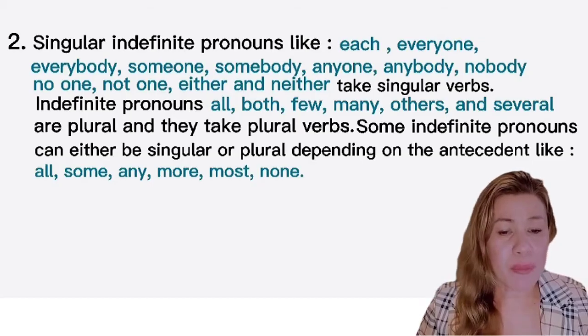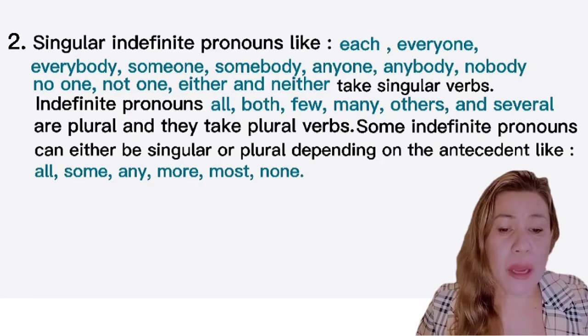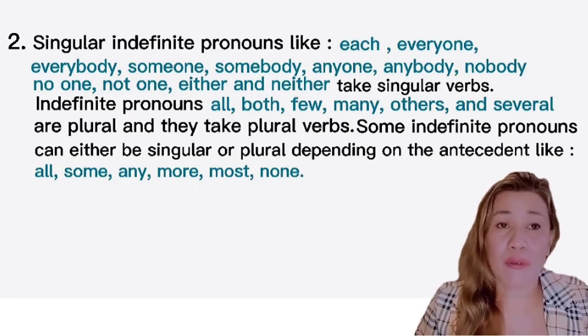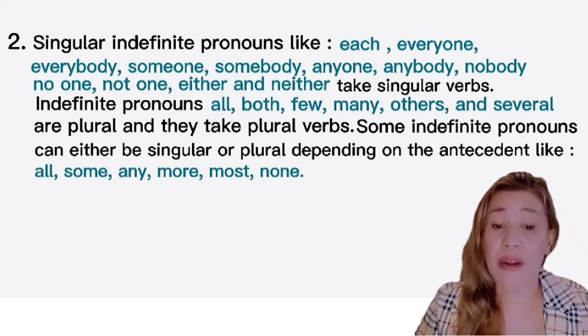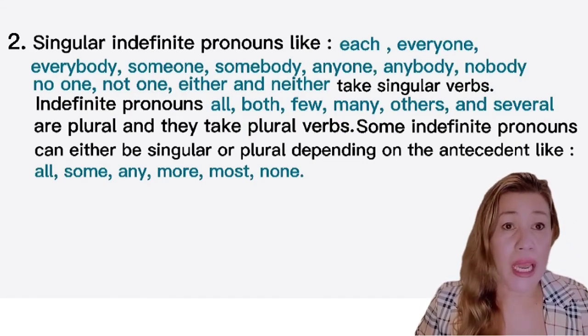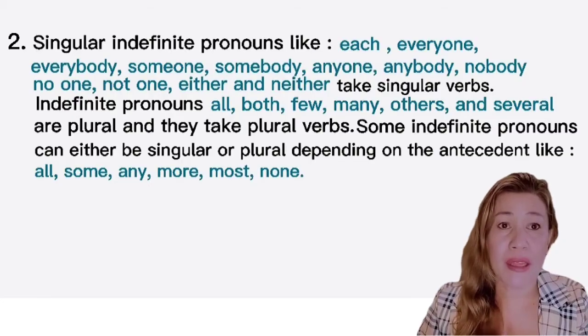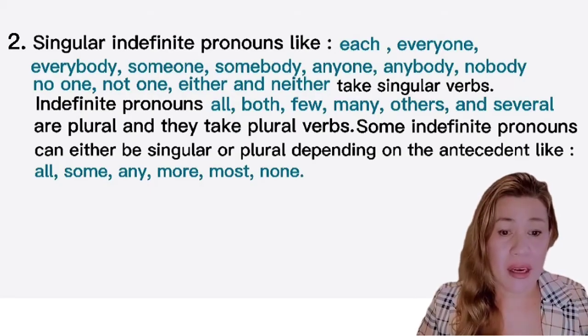Now, for indefinite pronouns, according to our first item here for rule number 2, indefinite pronouns have singular forms. Those that I mentioned are the singular indefinite pronouns. And remember our cornerstone rule in subject-verb agreement. If the subject is singular, your verb must be singular.